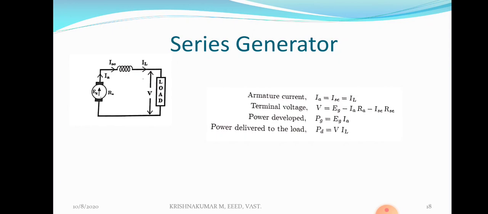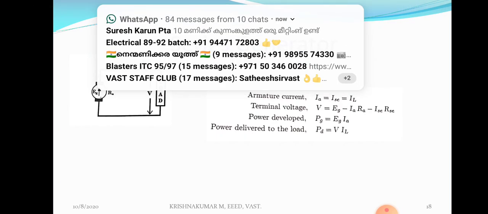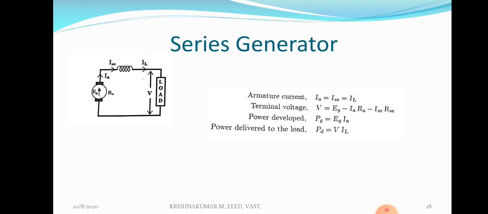Then field current is again increasing, flux is increasing, and generator voltage is also increasing. The higher generator voltage can circulate more current through the series field, and then the flux is increasing and the generated EMF is increasing. This cumulative process takes place. Okay, so this is the voltage build-up process of a series generator.